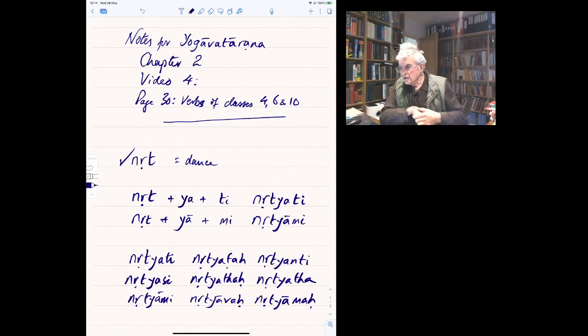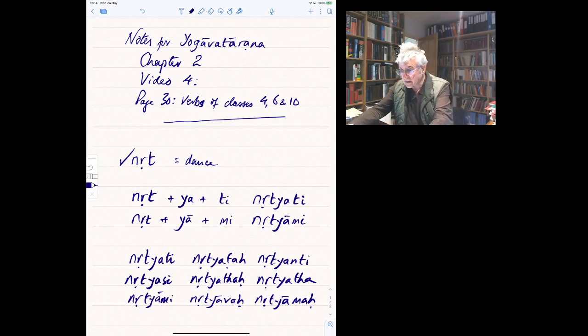One thing I'll mention here for the benefit of Pali students, a puzzling feature that is explained by this, is that where you get a consonant in the root followed by a ya in the Sanskrit, this almost always results in the doubling of that consonant in Pali.